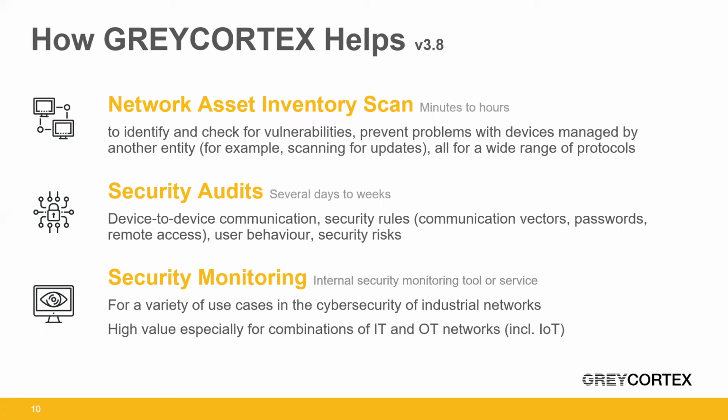Another step, or let's say more complex, are one-off or repeated security audits that take several weeks to 1 month. And apart from providing a snapshot in the asset inventory, it also shows you more information about the behavior of the network, and also the related risks and violations or compliance with security best practices or internal rules.